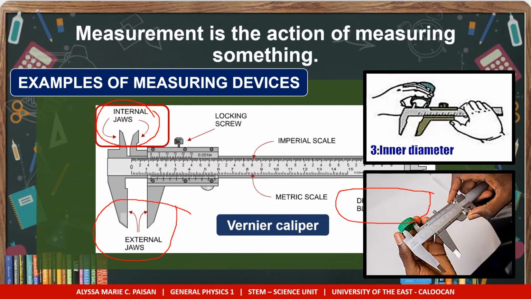So they need to know the inner diameter. Next, it can be also used to measure the materials for containers, just like this one. The cover of a plastic container. It's also important so that you would know if it would fit the container that you have manufactured.